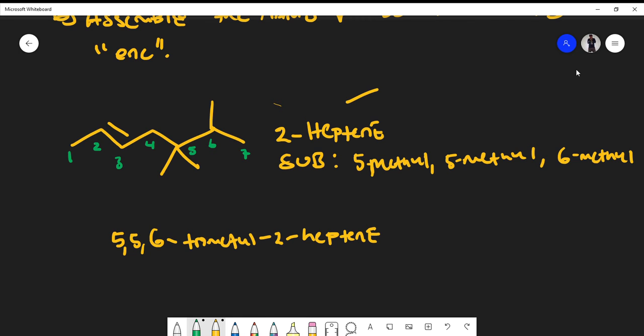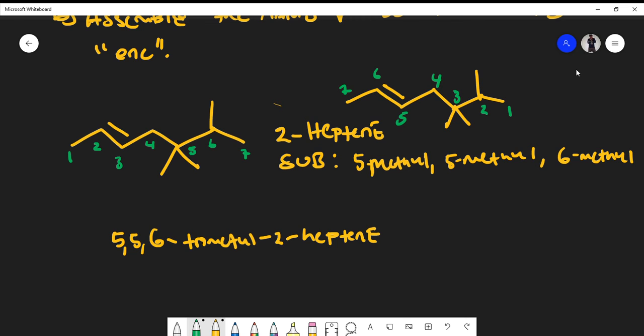Now, what you do not want to do, and we spoke about the example above with respect to naming the alkene, is this labeling, which is incorrect. If you label this as carbon 1, 2, 3, 4, 5, 6, 7, that is incorrect because we're not giving the alkene the lowest number possible.